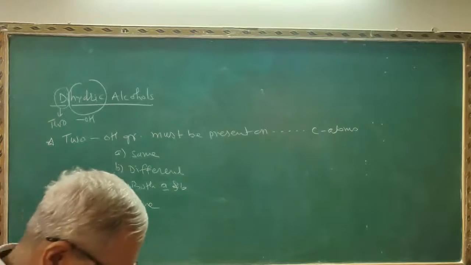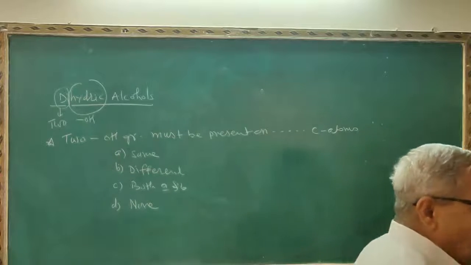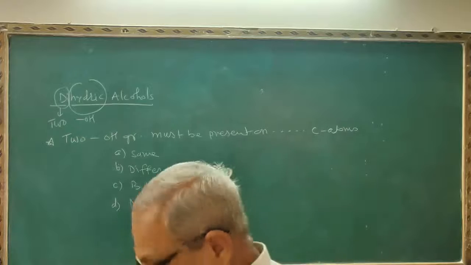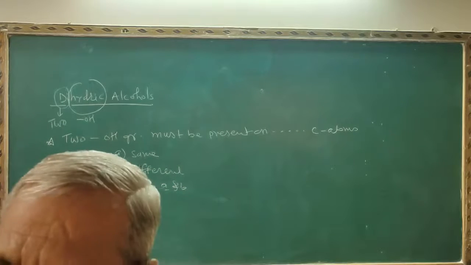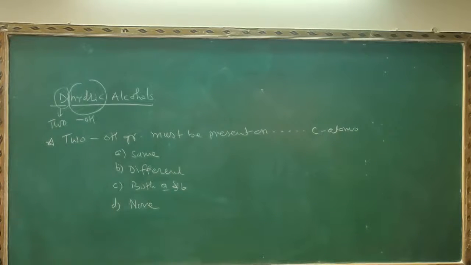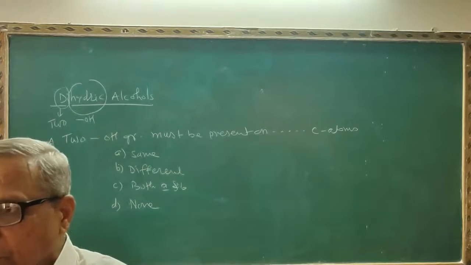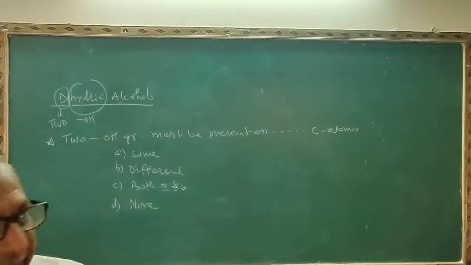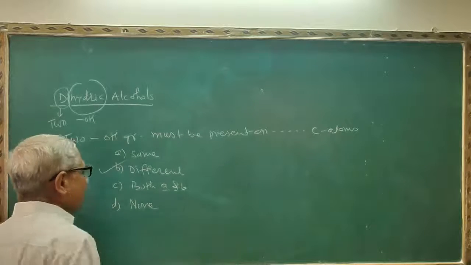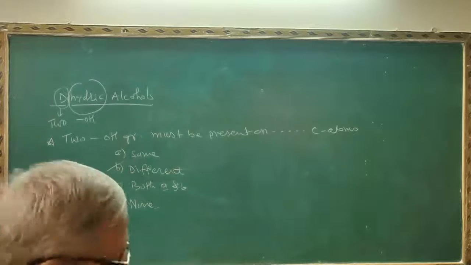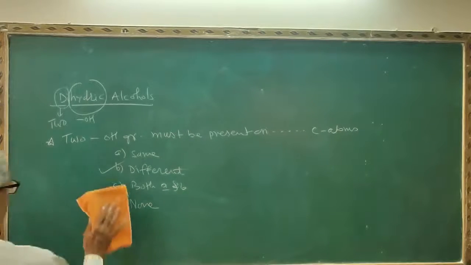Yesterday I explained this in the classification: alcohols are classified on the basis of dash dash. The answer is like this: alcohols are classified on the basis of the number of OH groups attached to different carbon atoms, and therefore here the OH groups must be present on different carbon atoms. So this is the correct answer here.